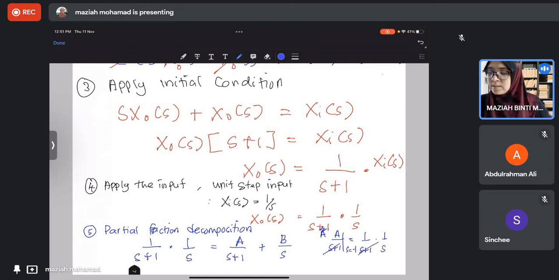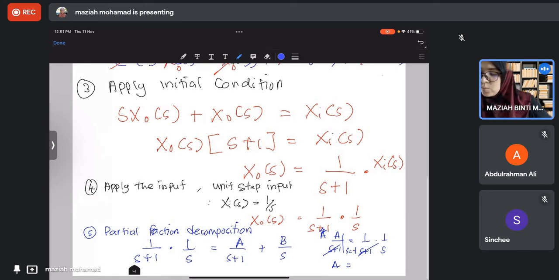So we can cancel this. So A is equal to 1 over 1. So it is 1.